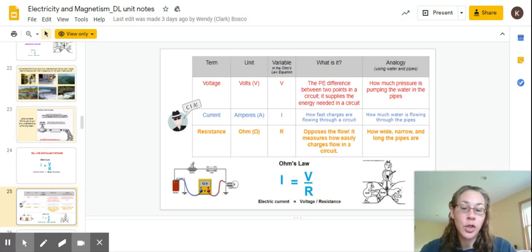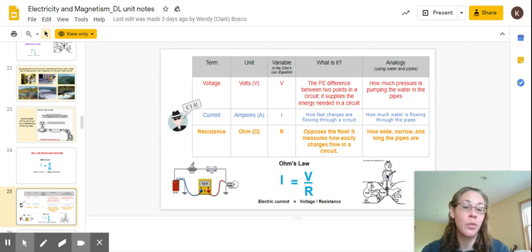And then the last term is resistance. The unit is an ohm. And notice the symbol for ohm. It is the Greek omega. So get used to drawing horseshoe shapes. And the variable in the equation, though, is an R. What is it? It is what opposes the flow.